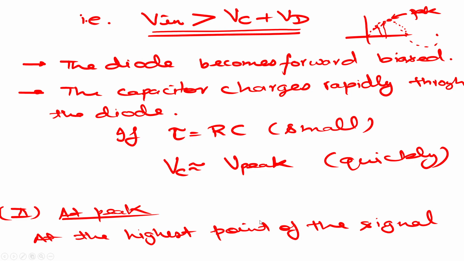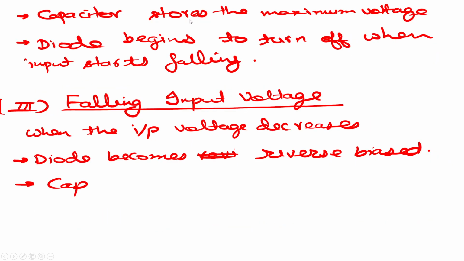At the peak, the highest point of the signal, the capacitor stores the maximum voltage and the diode begins to turn off when the input starts falling. And in phase 3, falling input voltage, when the input voltage decreases, the diode becomes reverse biased and the capacitor is isolated from the source.